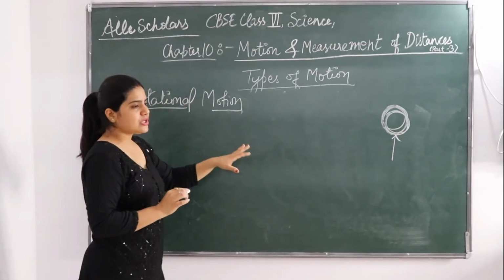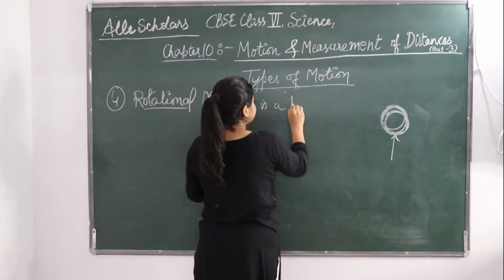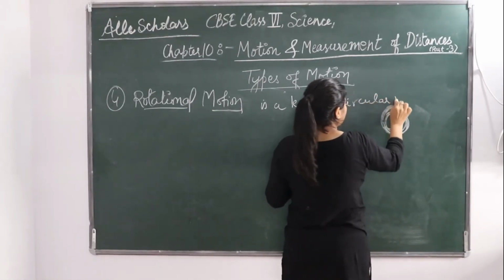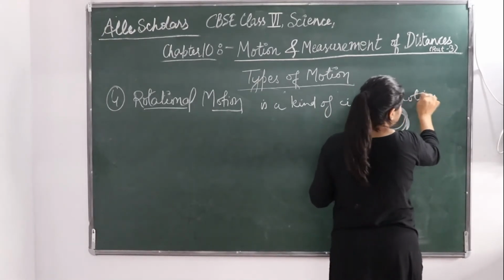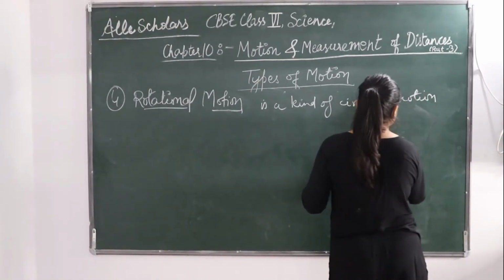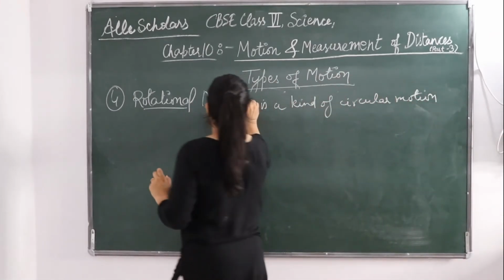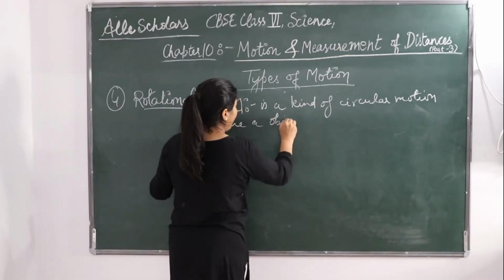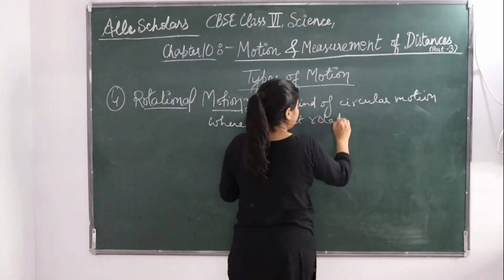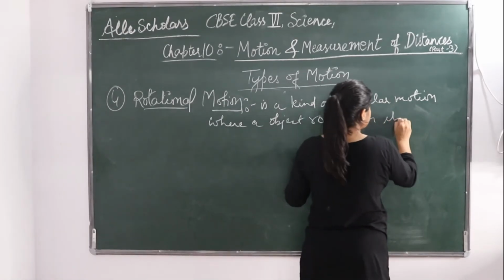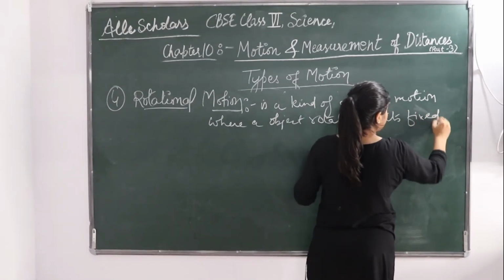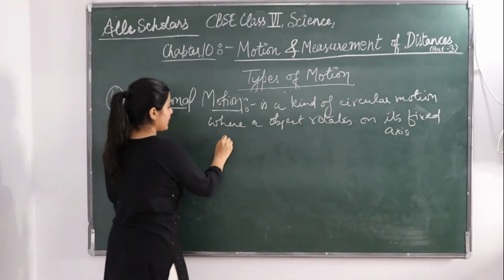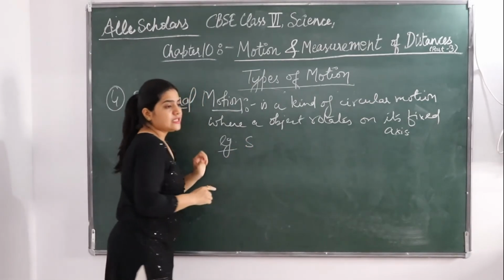So rotational motion is a kind of circular motion where an object rotates on its fixed axis. It keeps rotating on its one fixed axis.